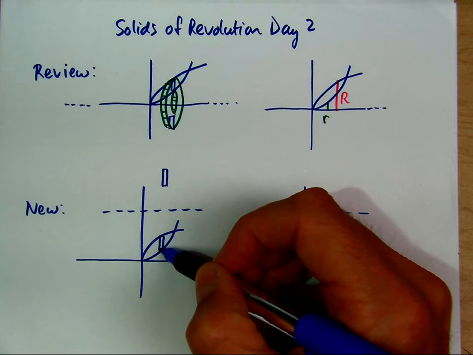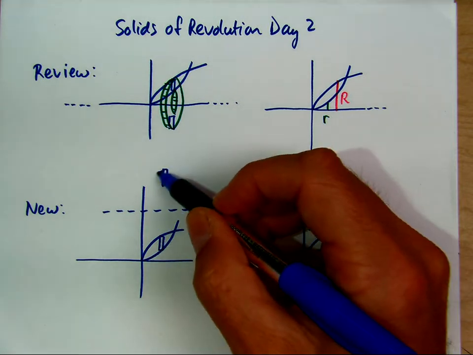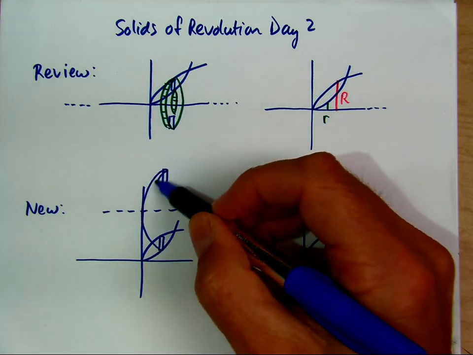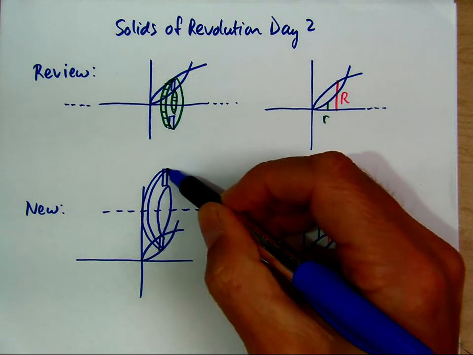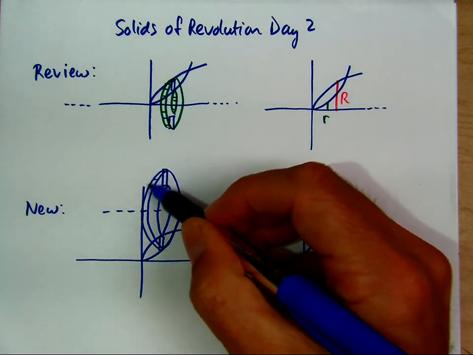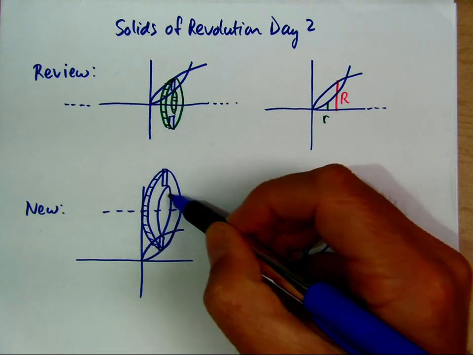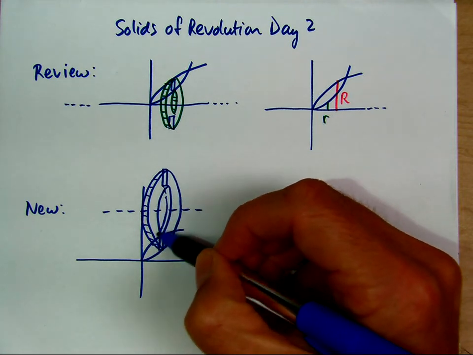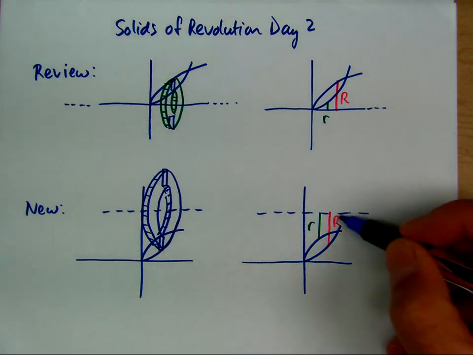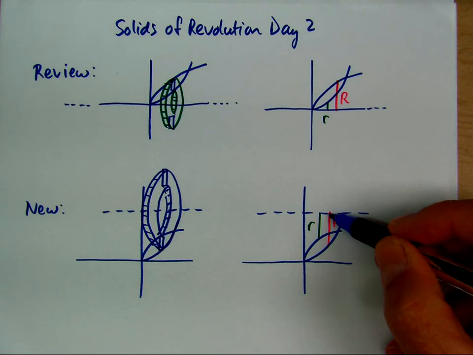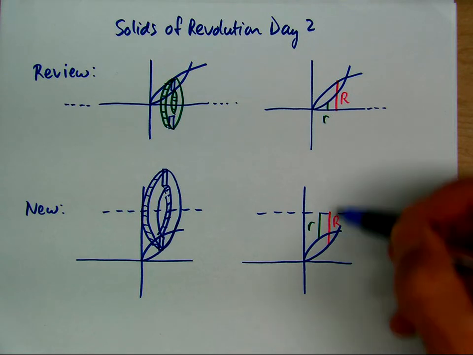We have the small rectangle reflected, and we would have this washer. Same thing as we saw above. And here the big R is going to go from the axis to the furthest part of the region, just like it did up here.